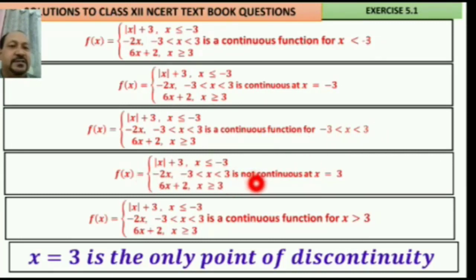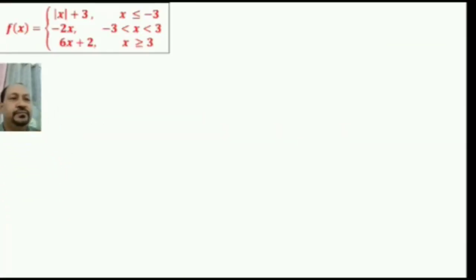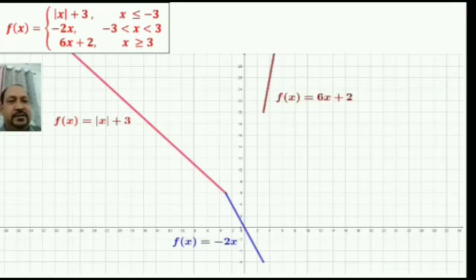The function is not continuous at x equal to 3. The function is continuous function for x is greater than 3. So x equal to 3 is the only point of discontinuity. Now let us see the graph of this function. The function is not continuous at x equal to 3.